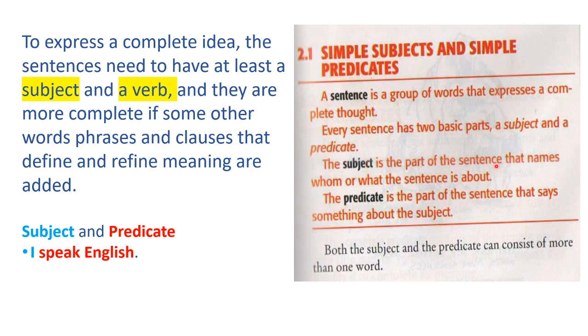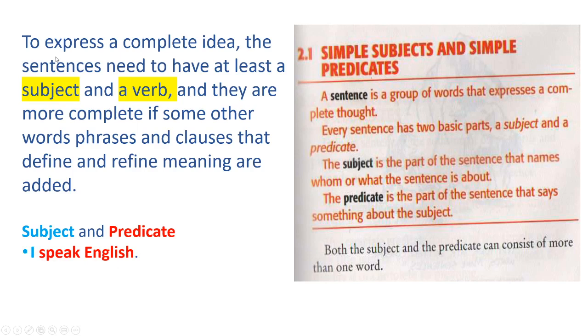The subject is the part of the sentence that names whom or what the sentence is about, and the predicate is the part of the sentence that says something about the subject, what the subject does, and whatever situation with the subject. Okay, so an example I provided here is I speak English. It is a short sentence, and you see that I is the subject and speak English is the predicate.